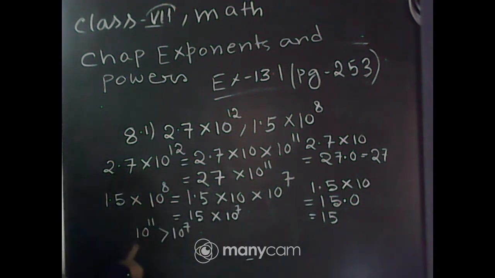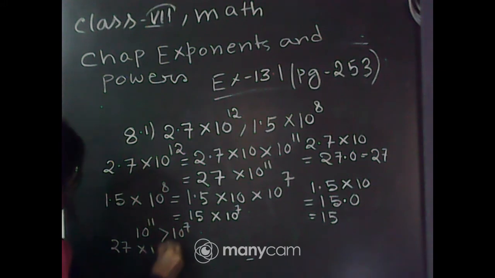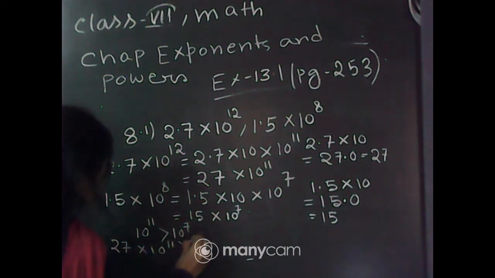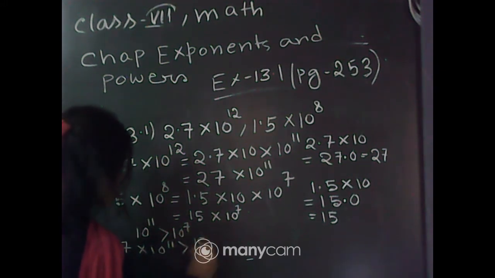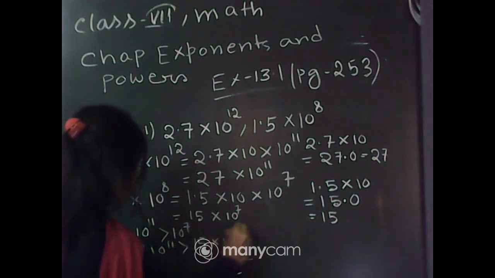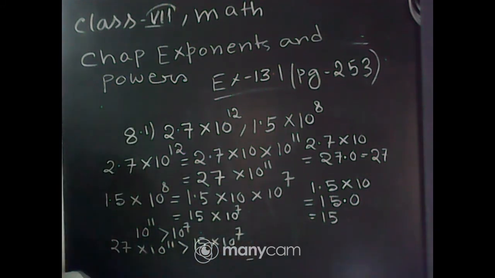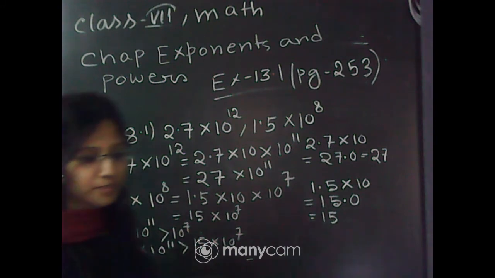Therefore 27 into 10 to the power 11 is greater than 15 into 10 to the power 7, isn't it?